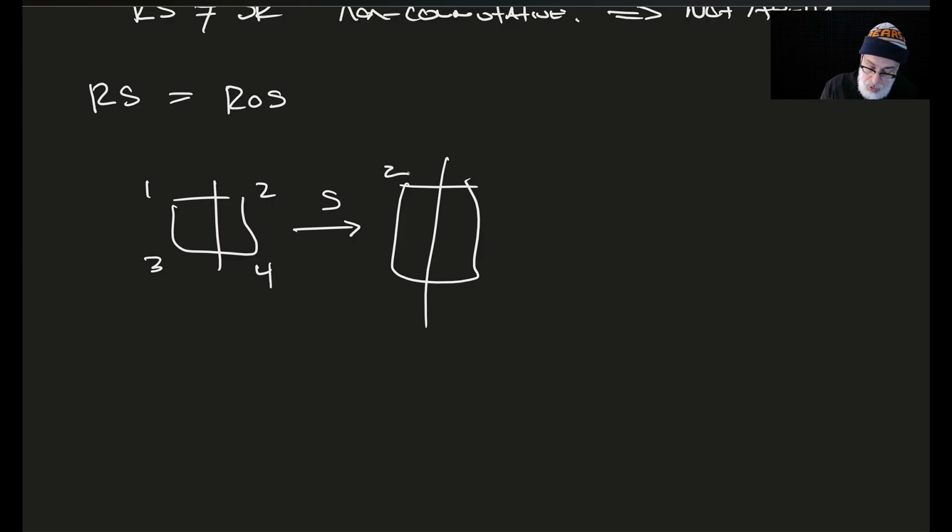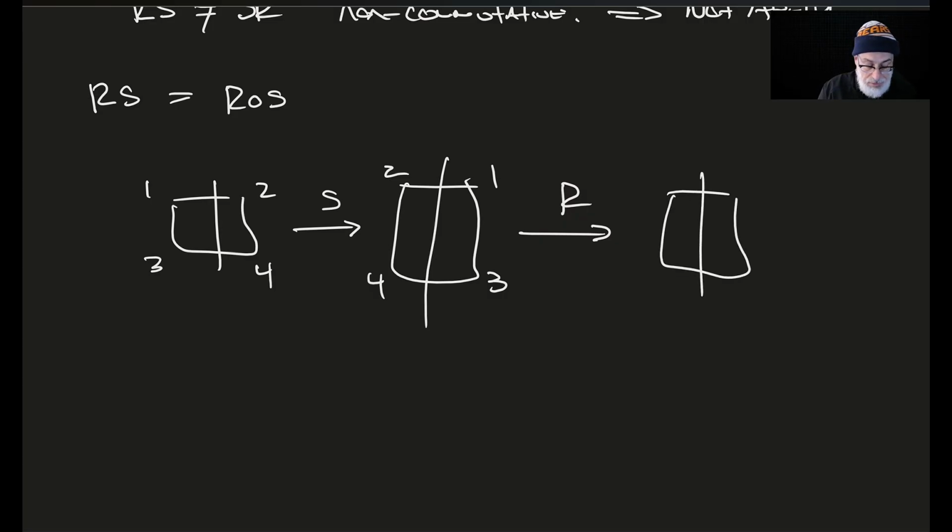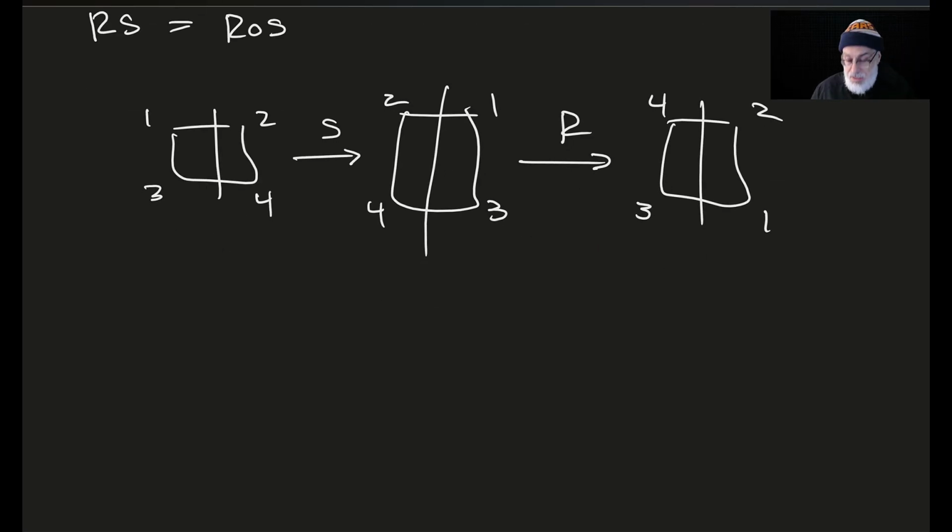I get 2, 1, 4, 3. And then I'm going to apply a rotation of 90 degrees. I'll draw the line just for reference. So we're rotating, then that puts 1 here, 3 here, 4 here, 2 here. So that's what the RS does.